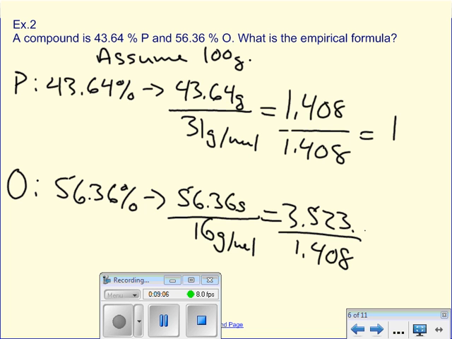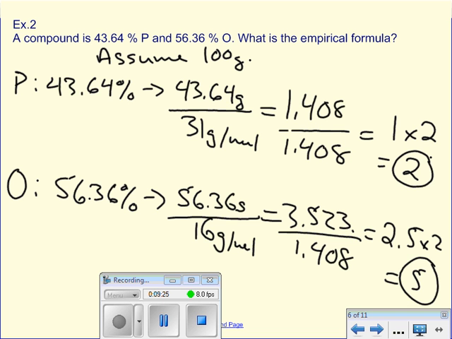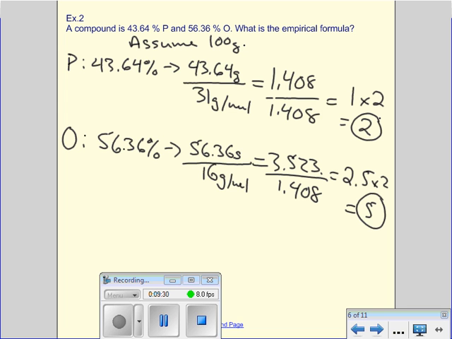That gives me 1, but this gives me 2.5, or roughly thereabouts. Since it gives me 2.5 and not a whole number, I have to multiply it by something to get a whole number. In this case, 2. So I'm going to multiply it by 2. Gives me 2 for phosphorus, and doing the same for oxygen gives me 5. So in the end, my empirical formula will be P2O5.